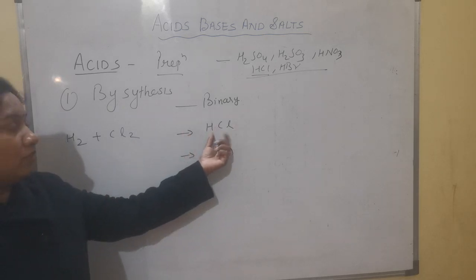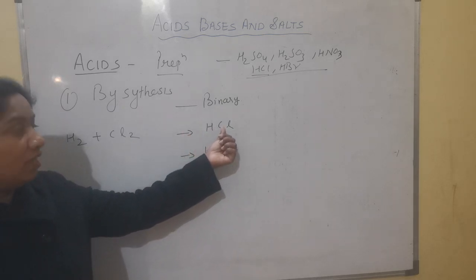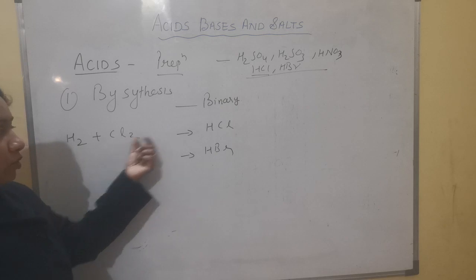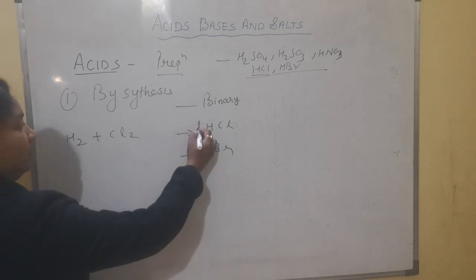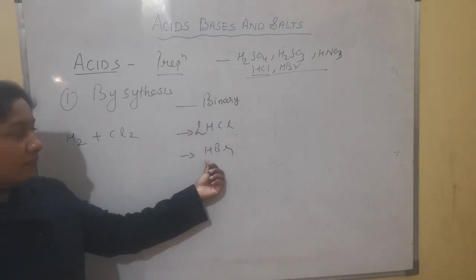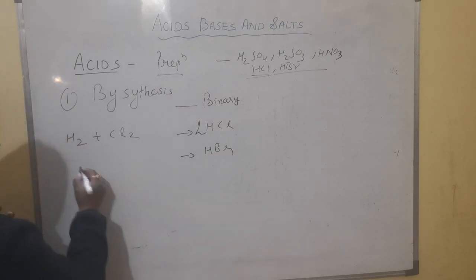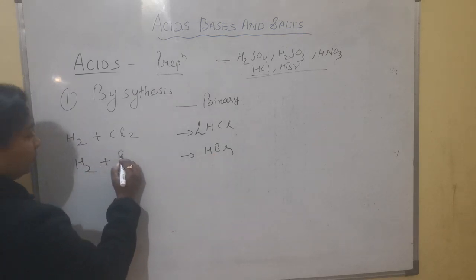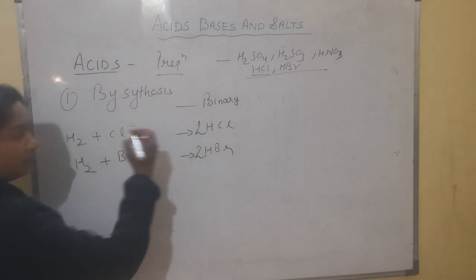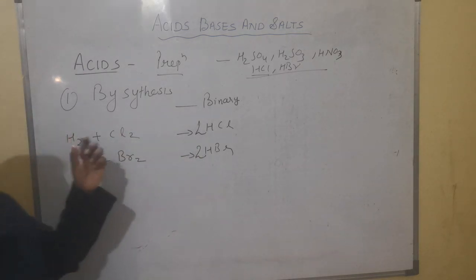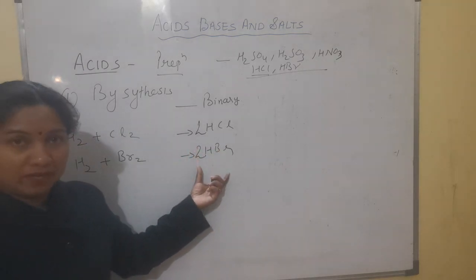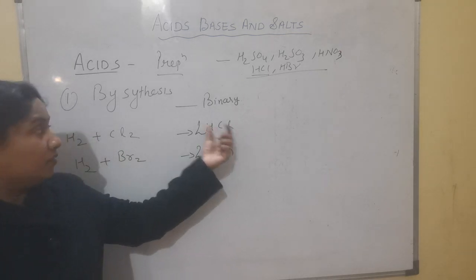So to form hydrochloric acid, we want hydrogen and we want chlorine. So combine both of them, you will get hydrochloric acid, and balance. Similarly here, hydrogen and bromine you want, combine it and then balance it. So this is the most simple method in which we will be preparing binary acid by synthesis method.